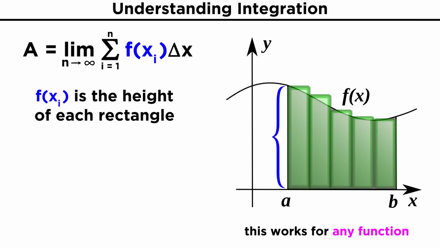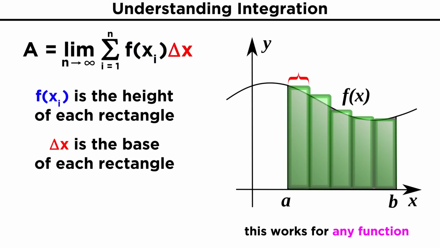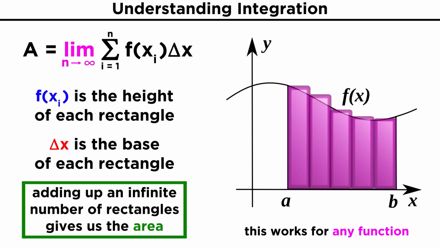Here we are adding up areas, so we need a term to represent the height of a rectangle, which is given by f of x_i, and the base of a rectangle, which is given by delta x. These multiply, and we add up the sum of these terms from i equals 1 to n. And in the limit of n equals infinity, we have our area under the curve.